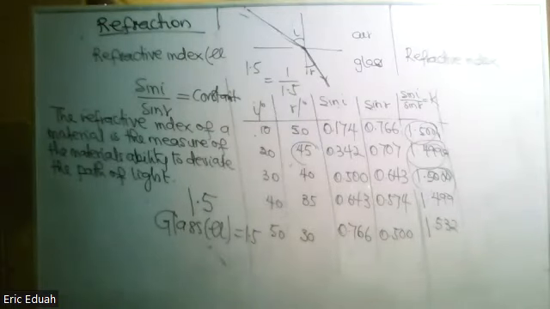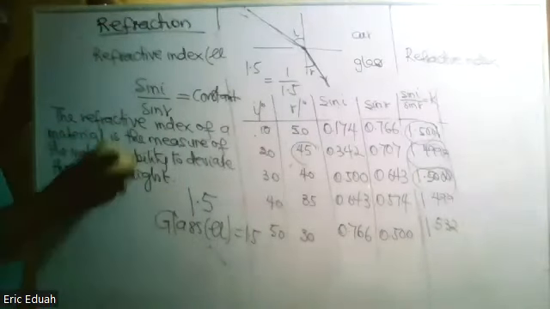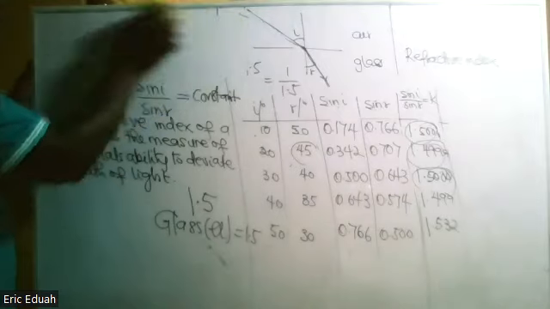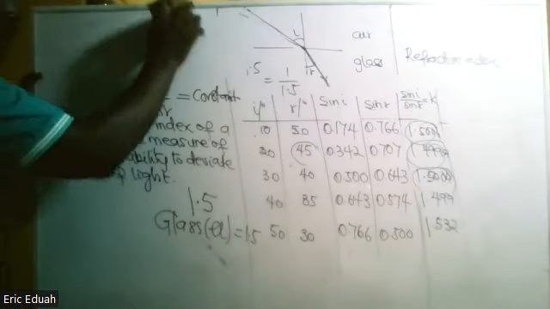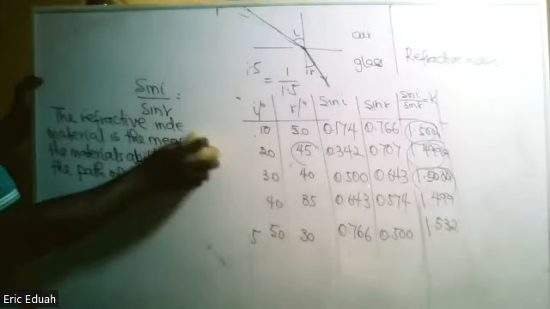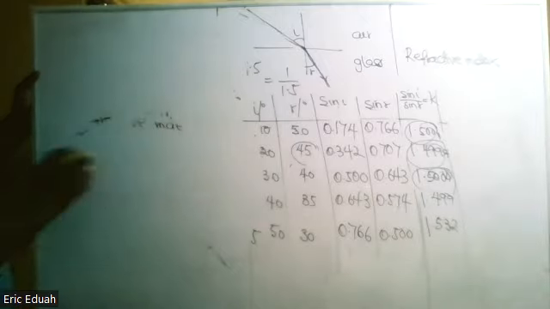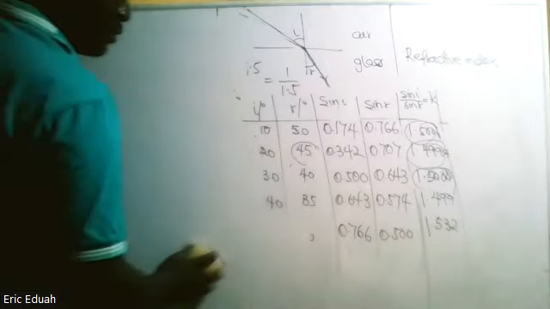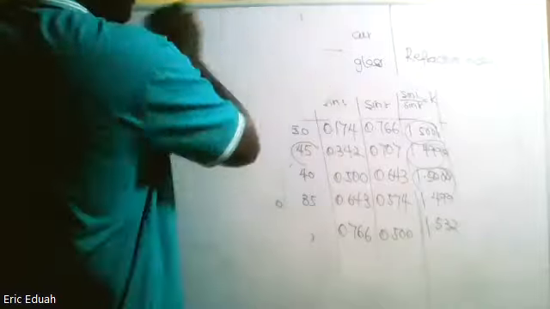All right, do I clean the board? So that's the explanation for Snell's law. Hilda, are you okay? Okay. Now, so that is it with refractive index of a material.